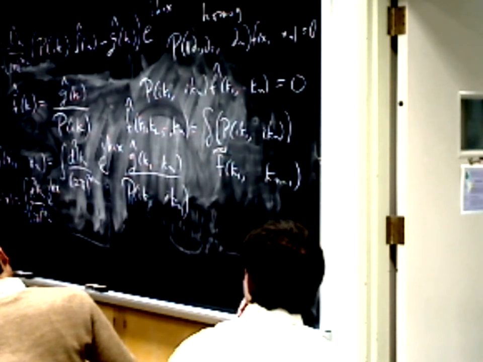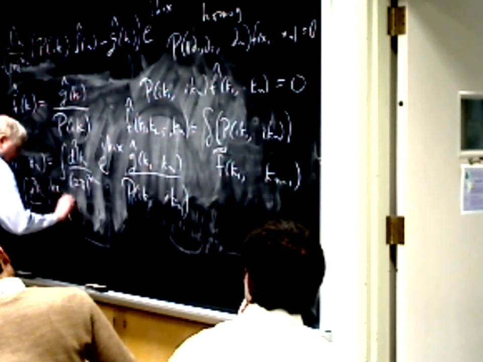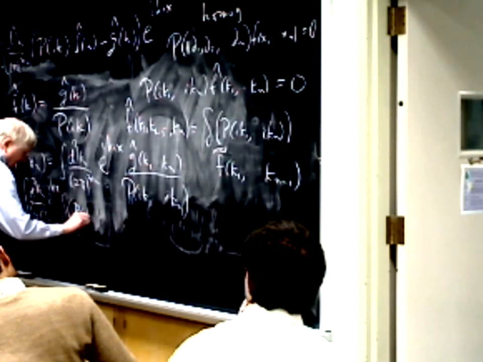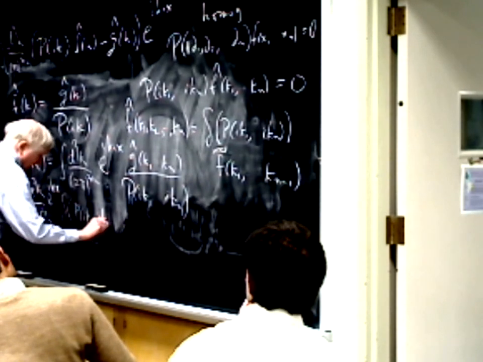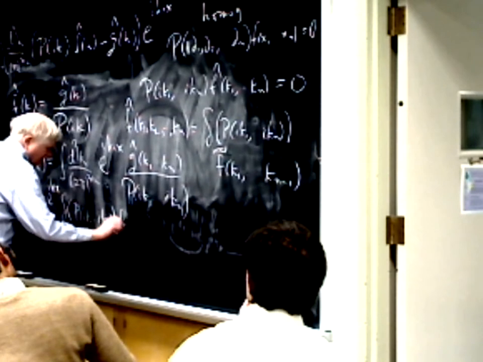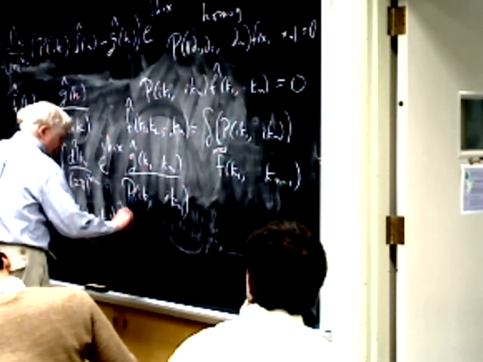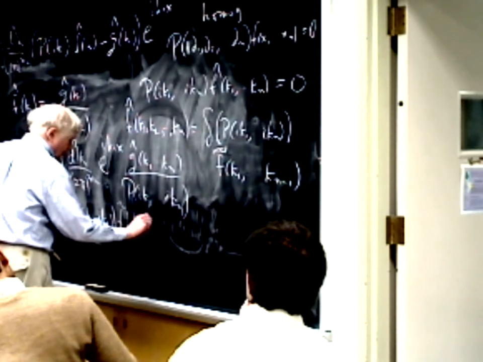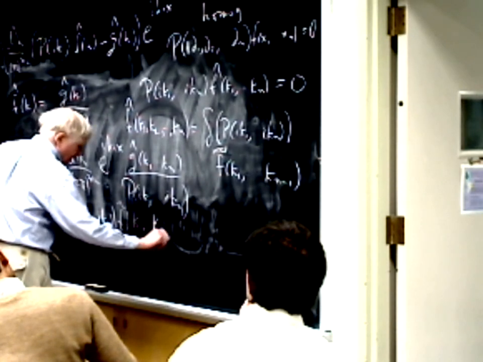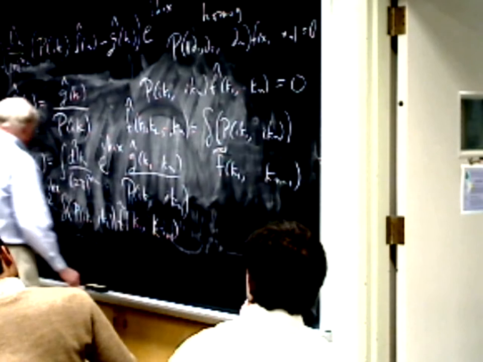F hat then is delta of p of ik1 through ikn times f tilde of k1 through kn minus 1.